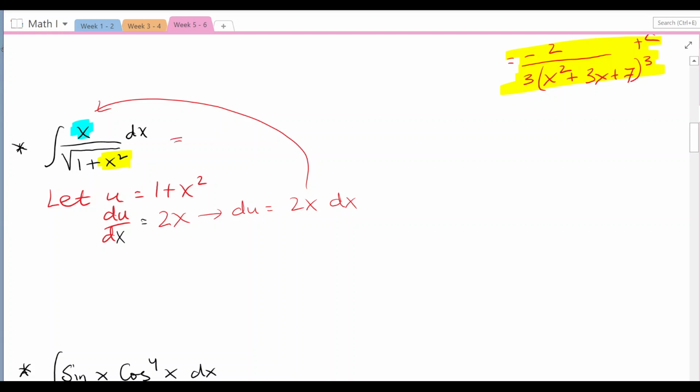So the integral, we have x dx to be this one.